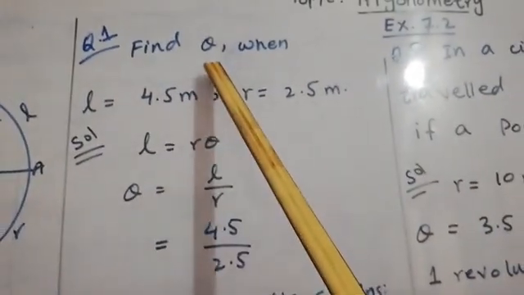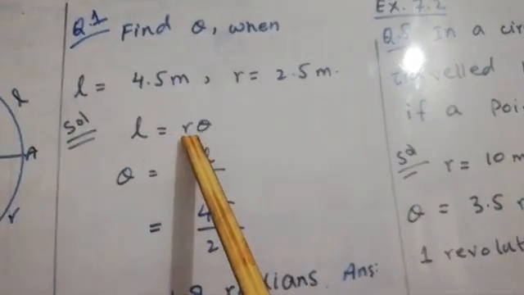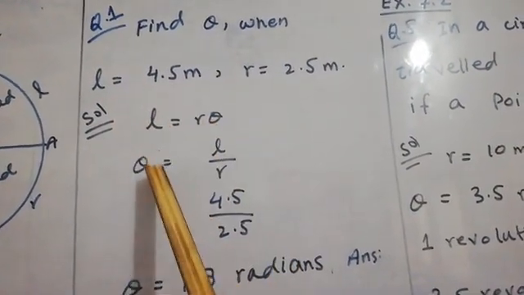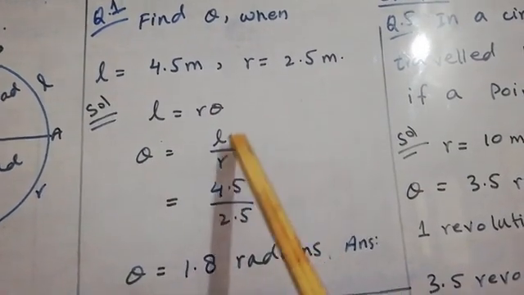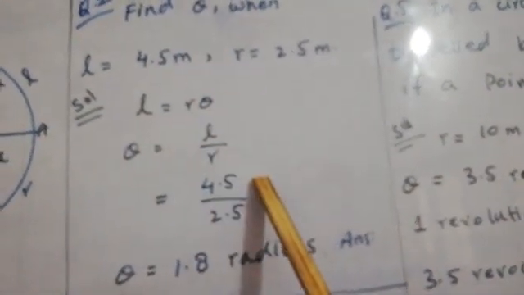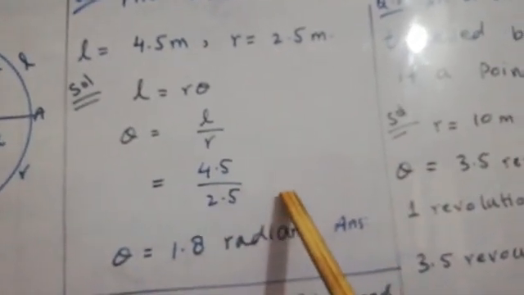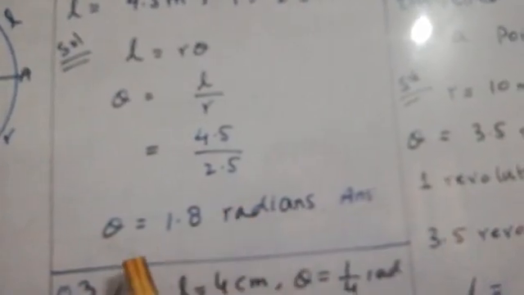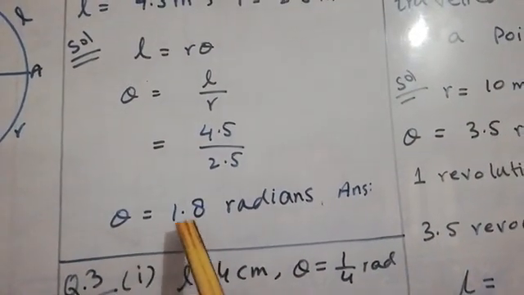Since we are going to find theta, we divide the equation by r on both sides and get theta is equal to L by r. Now we put L is equal to 4.5 and r is equal to 2.5. After dividing 4.5 by 2.5, we get theta equal to 1.8 radians.